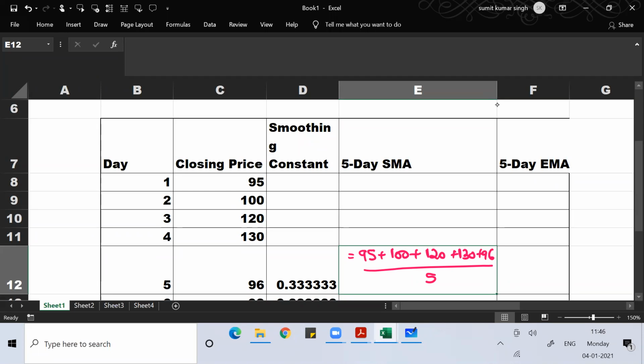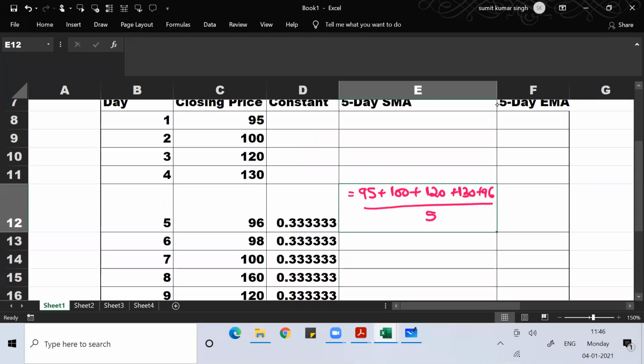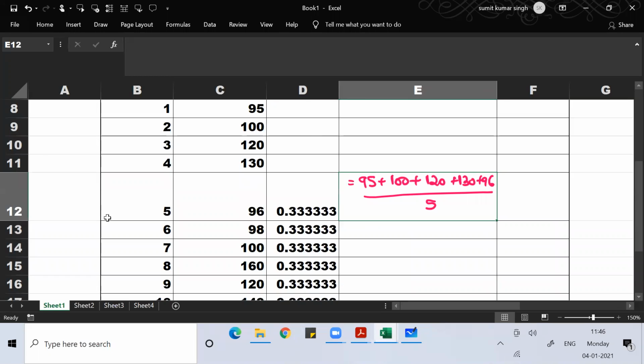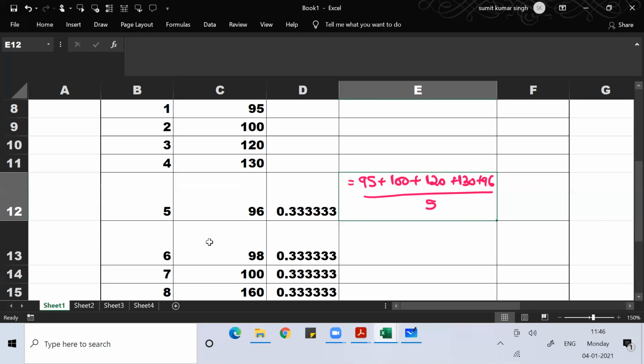I hope you are getting the logic. First, find the 5 day simple moving average. This is for the first day. For the second day, the 5 day simple moving average would be 100 plus 120 plus 130 plus 96 plus 98 divided by 5.